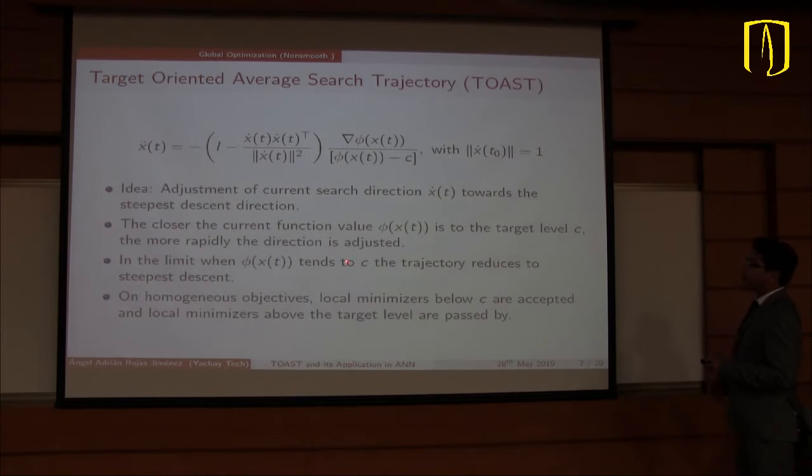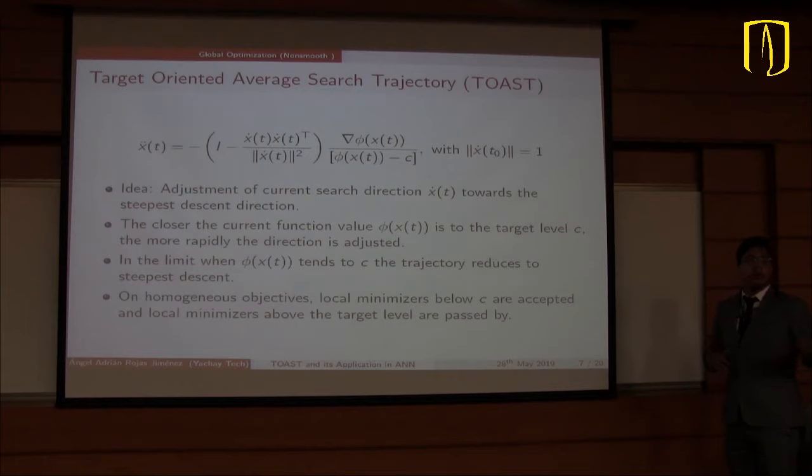Okay, so here C is our target level that we want to reach. So the solution of this ODE makes the function reduce to this C level. That is our target level. It has the capacity to go there if the C level is not too ambitious. For example, in any machine learning problem the lowest C can be 0, because it always uses the norm of the error.